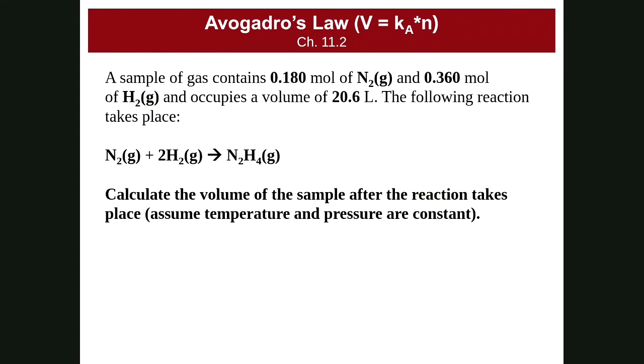So let's see, we have a sample of gas that contains 0.180 moles. So N1 is 0.180 moles. And that is nitrogen gas. It doesn't matter what kind of gas. And it contains 0.360 moles. All right, so actually, N1 is made up of 2 different gases, so we have to add those together.